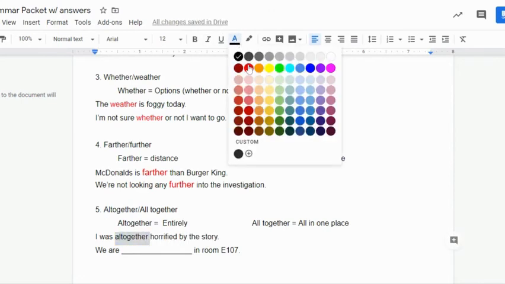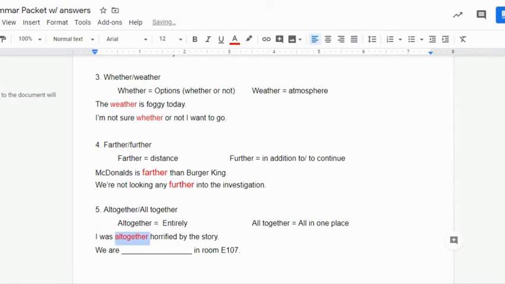It's going to be the single word, one L, entirely horrified. And you can tell this sentence was written long before I knew what was going to happen. We are all together in room E107. I wish that were true. It is not. Instead, we're doing this from home. All together, two words. That's it.